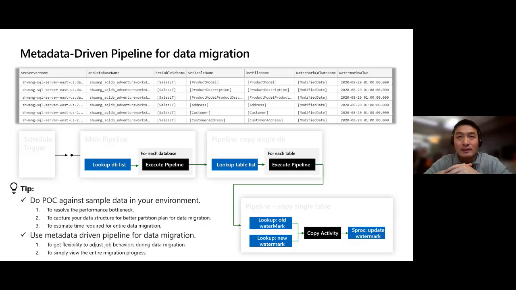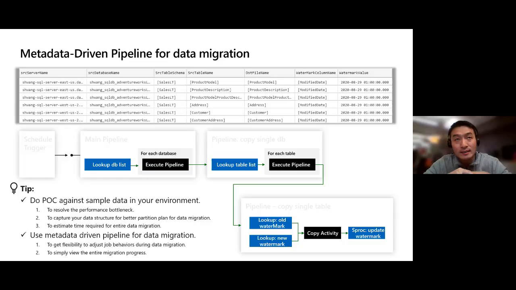You can define everything in your control table, and after that, you can create a parameterized pipeline, like the example here. The pipeline is going to start from a lookup activity. Every time before the pipeline runs, this activity is going to enumerate the real parameter values from your control table.